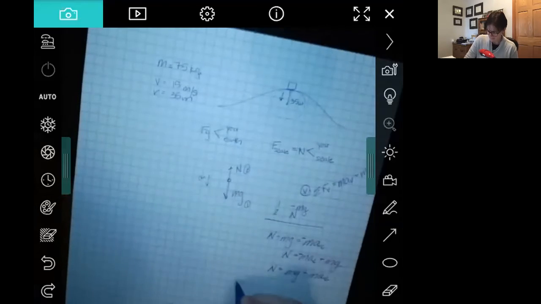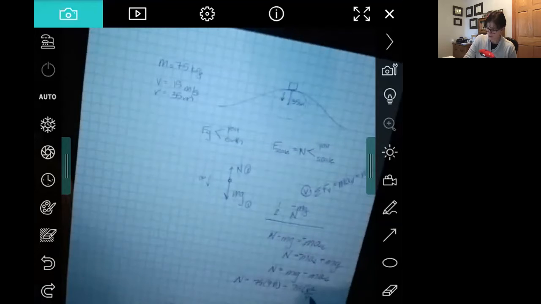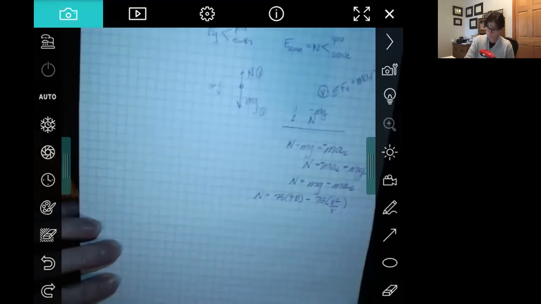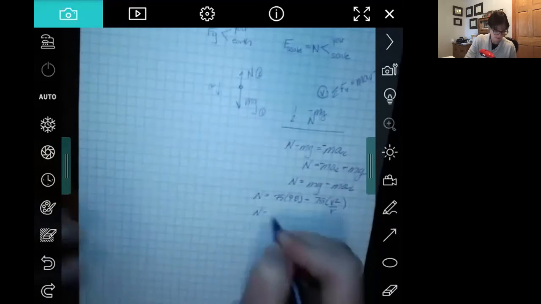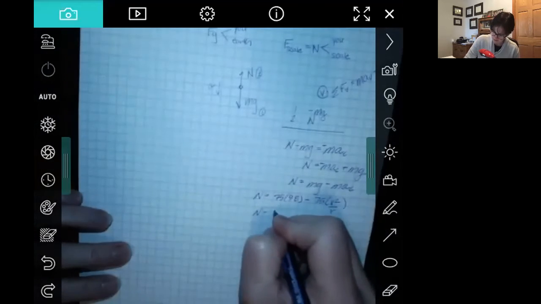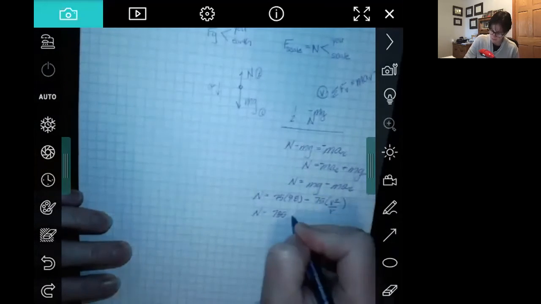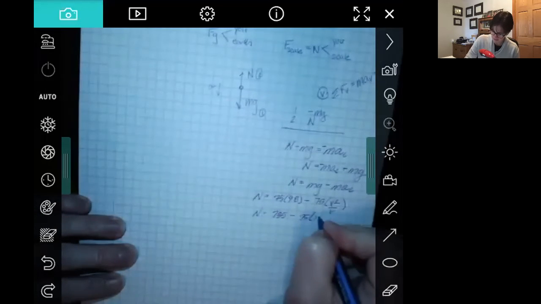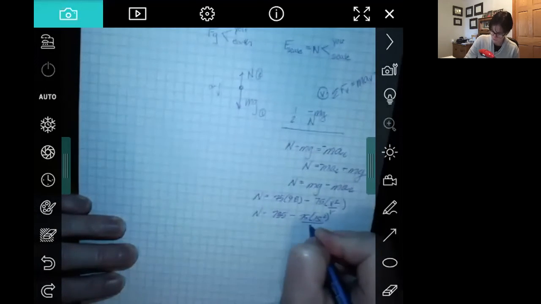So let's put in our numbers. We have N equals 75 times 9.8 minus 75 times v squared over r. I left that as a variable so you were reminded that it's the centripetal acceleration. So N is equal to 75 times 9.8, which is 735, minus 75 times 15 squared, all over 35.